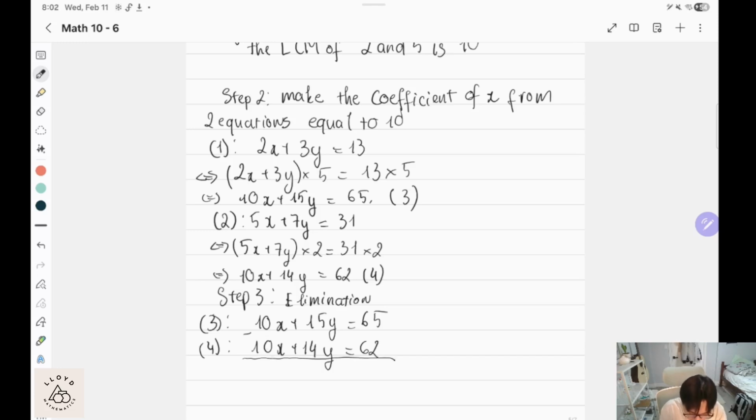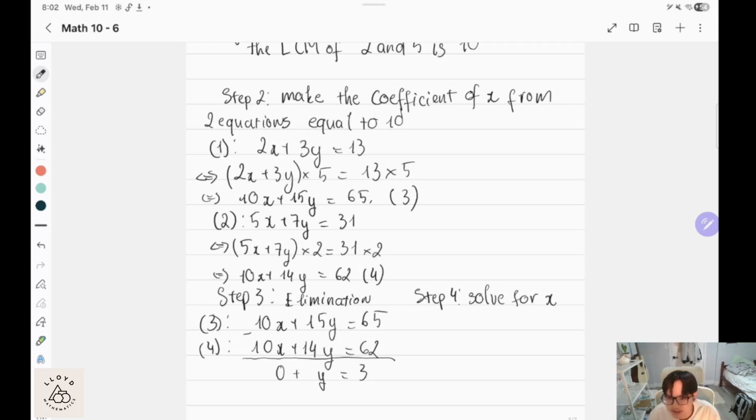10x minus 10x is 0, and 15y minus 14y is y, and here 65 minus 62 is 3, so we got y equal to 3. And this last step is to solve for x, or for the other variable that is unknown.